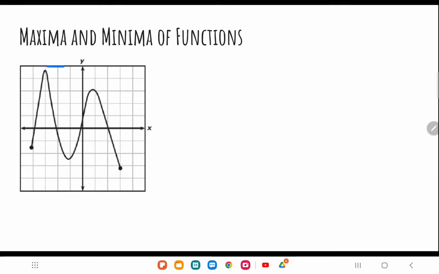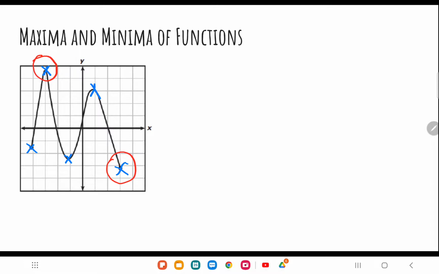Looking at this function, I can see that there are local maximum points here and here, and there are local minima here, here, and here.